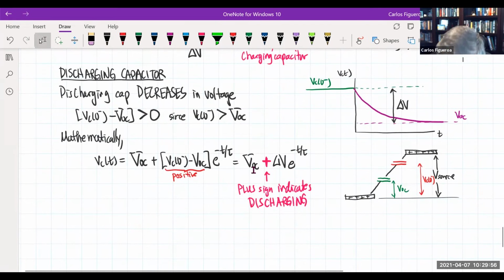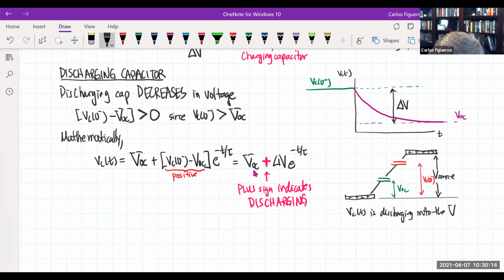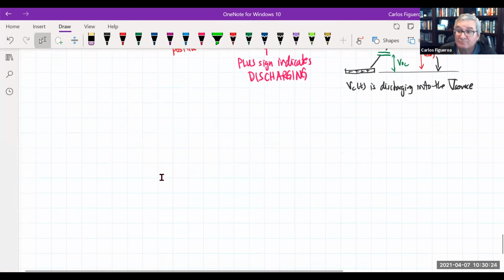Here, the capacitor in the RC circuit is discharging. So in essence, VC of t is discharging into the source for a brief moment of time. So I'm getting current flow in the opposite direction. That's what the plus sign actually means here.